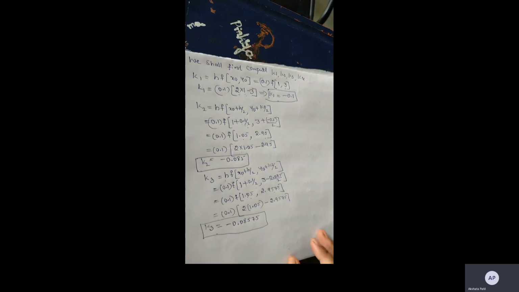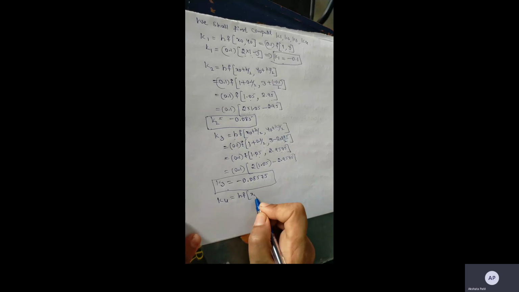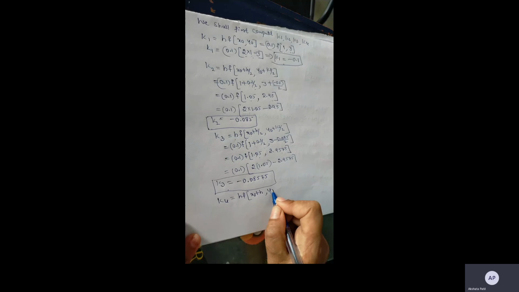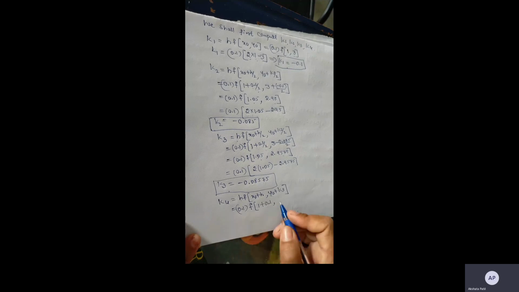Now let us calculate k4. The formula is h into the function of x0 plus h comma y0 plus k3. Once again substitute the values of x0, y0 and k3. h is 0.1, x0 is 1 plus 0.1, y0 is 3 plus k3 value minus 0.08575.